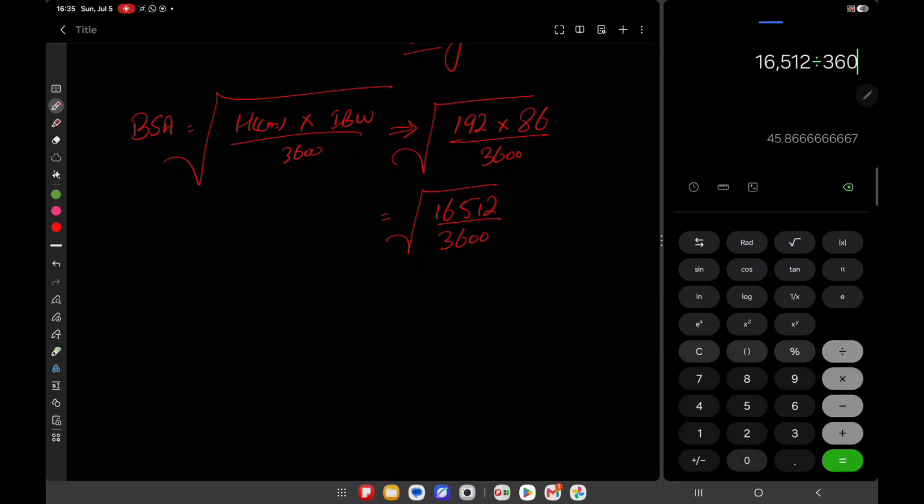Dividing by 3600, we get 4.5867, under root of 4.5867 is equal to 2.14, and the answer will be in meter square. Right, so this is the answer. Why is the answer in meter square? Because we are already dividing by 3600, so there is no need to convert 192 centimeters into meters.